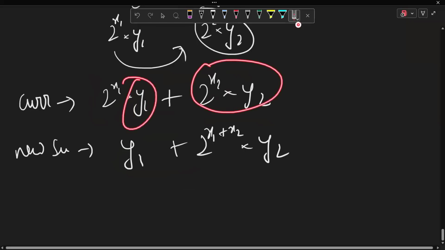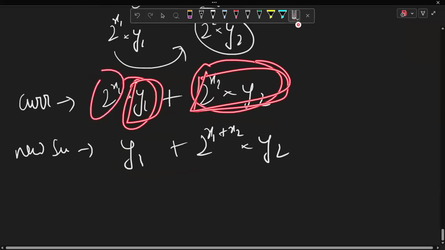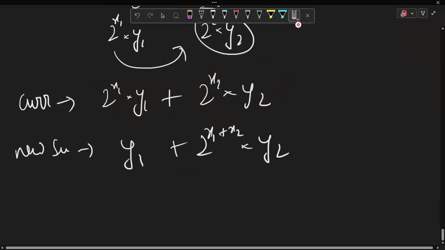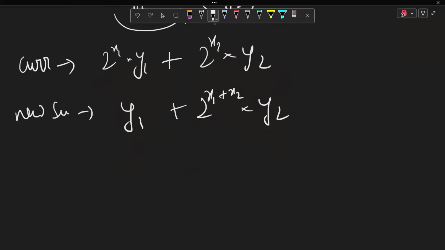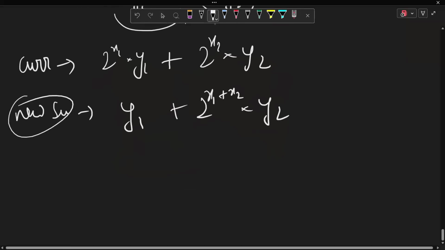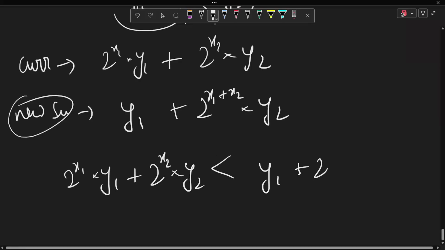So among these two, whichever is greater, multiplying that with 2 to the power something is going to make it even greater. Mathematically, you can write it like this: you want the new sum to be greater.